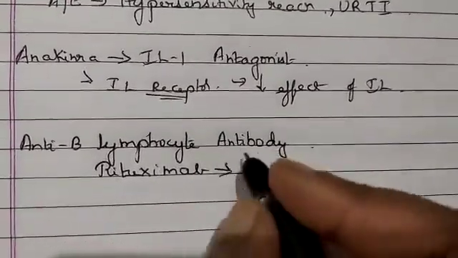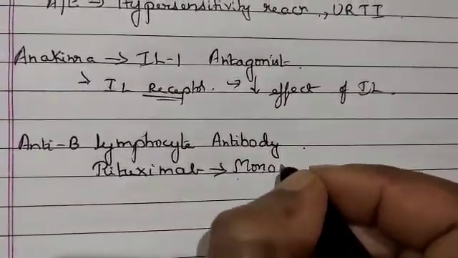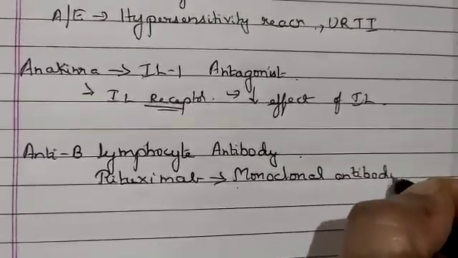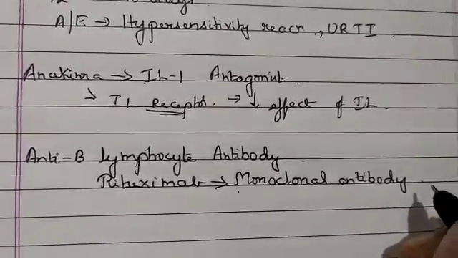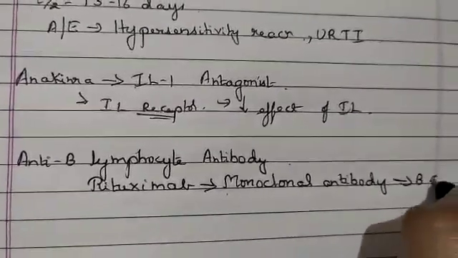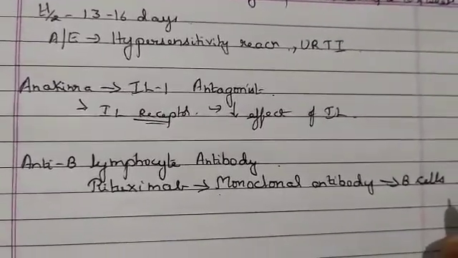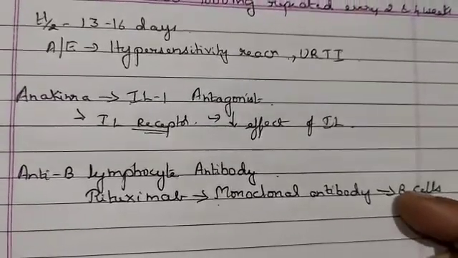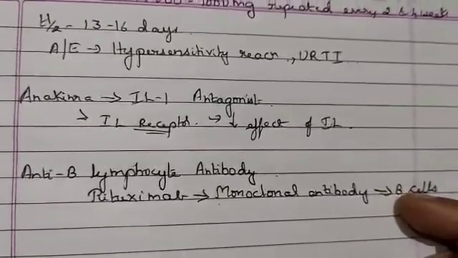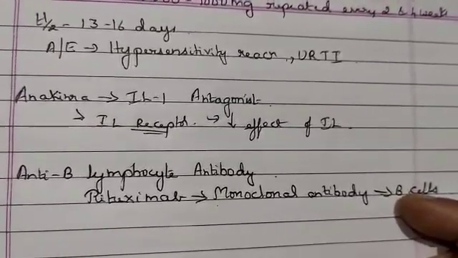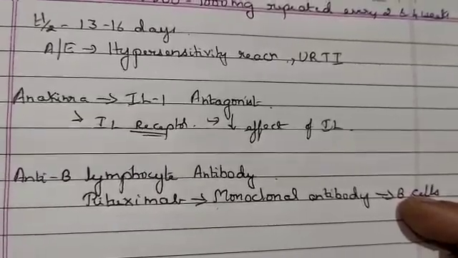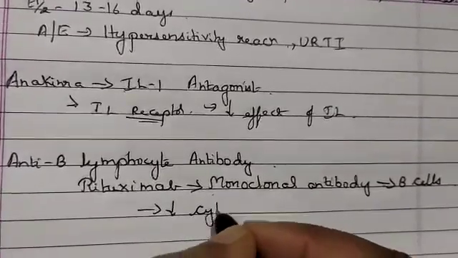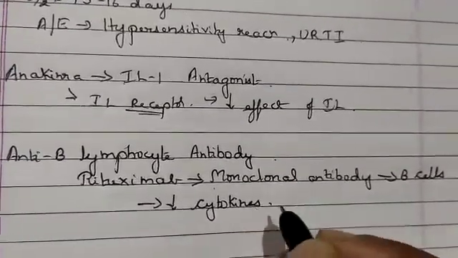Rituximab is obtained from a monoclonal antibody, which is effective against B cells. That means it decreases the number of B cells, which in turn decreases the inflammatory process. In addition, it also decreases cytokines, because cytokines are one of the mediators of inflammation.